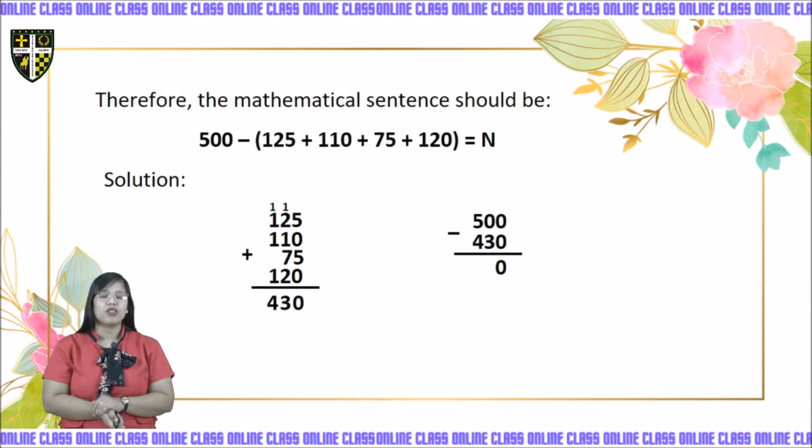Now, 0 minus 3 cannot be, so we will borrow 1 from 5 to make 0 into 10. So, 10 minus 3 is 7. So, 5 will become 4, and 4 minus 4 is 0. So, 70 is the change. Very good. Now, we will proceed to our main lesson.